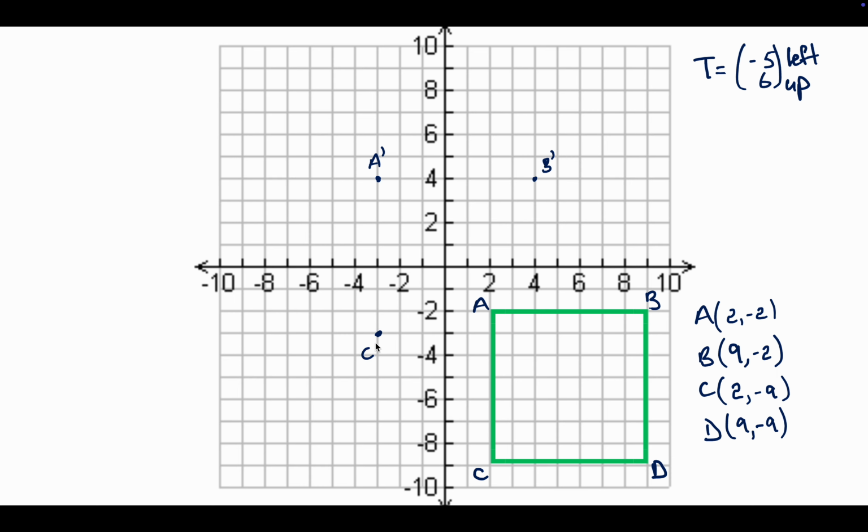Here's my C prime. The last one, 1, 2, 3, 4, 5. 1, 2, 3, 4. Let's go again. I miscounted. So 1, 2, 3, 4, 5, and then 1, 2, 3, 4, 5, 6. Okay, just about here. That's my D prime.